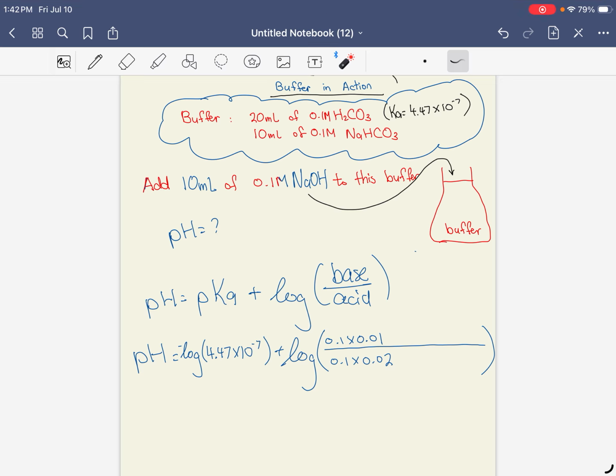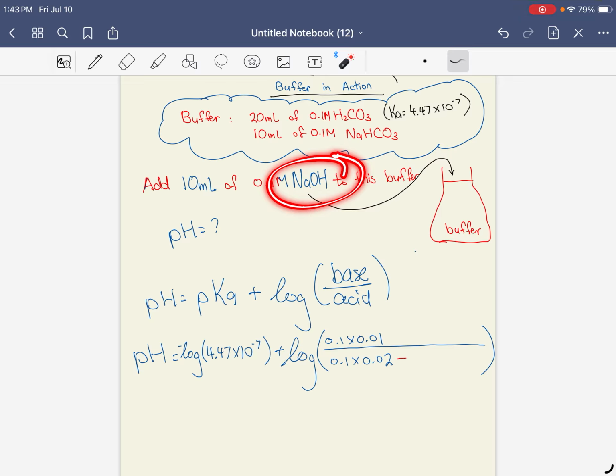Earlier, we subtract and we add. Is that still going to be the same? We added base in here. What is the base going to do? The base is going to react with the acid this time. Since the acid is being reacted by the base, then the acid is the one that will be subtracting, because there's going to be less of these.